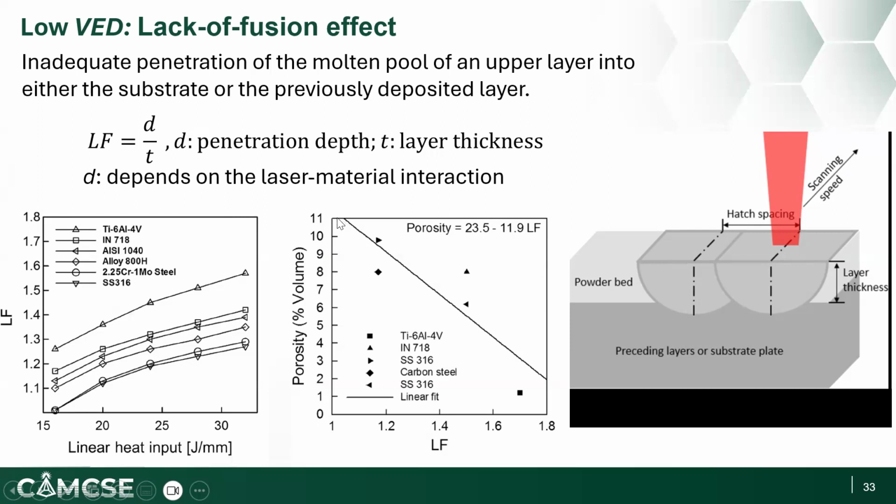It scales inversely with LF, so with increasing LF value, you have lower and lower porosity. With increasing energy density input, you achieve a higher penetration depth, which helps to get better bonding between neighboring layers and avoid lack of fusion defects.